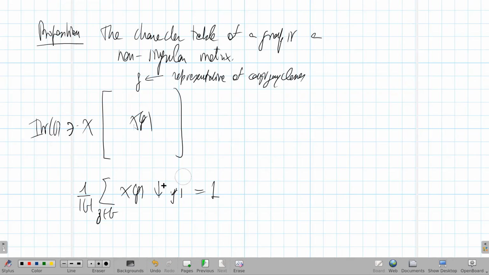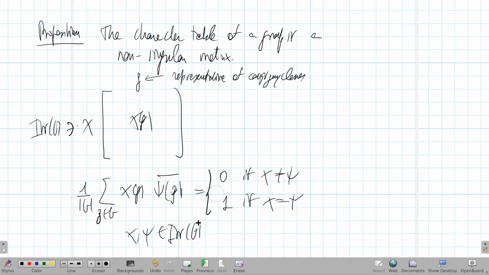Let's write psi here. And so this is 0 if chi is different from psi, and 1 if chi equals psi, where chi and psi are both irreducible characters, okay? These are the orthogonality relations, or first orthogonality relations, because we will have the second one.